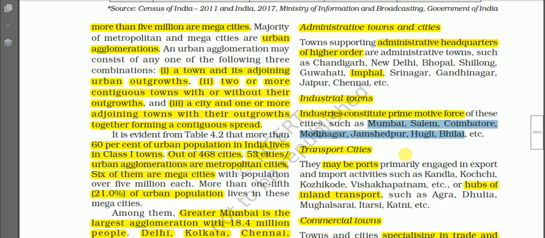Actually, Mumbai is also an administrative town. At the same time, it is also classified as an industrial town because a lot of industries, cotton, textiles, and others are there. We have Salem, Coimbatore, Modinagar, Jamshedpur, Hooghly, then Bhilai. So these are examples of industrial towns.